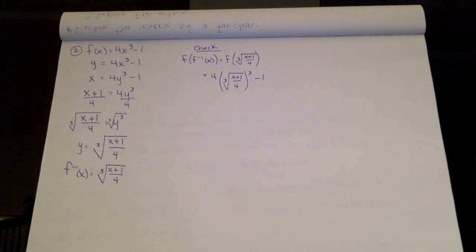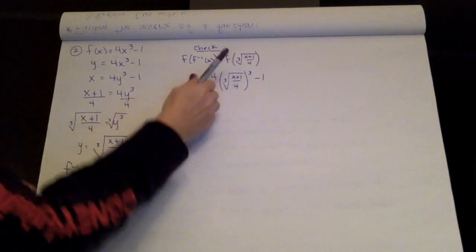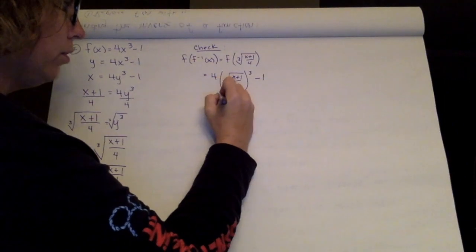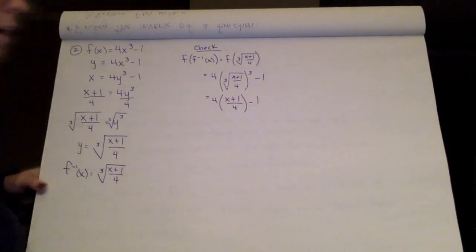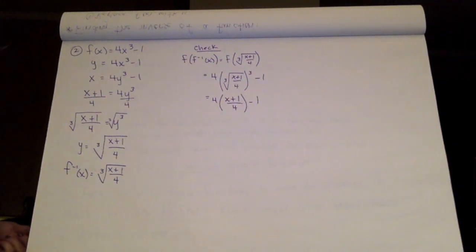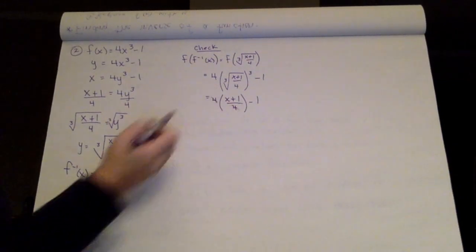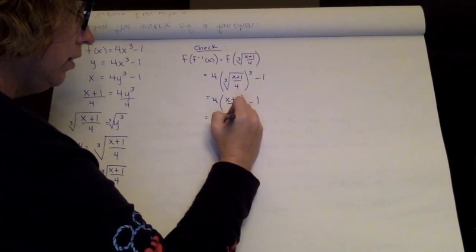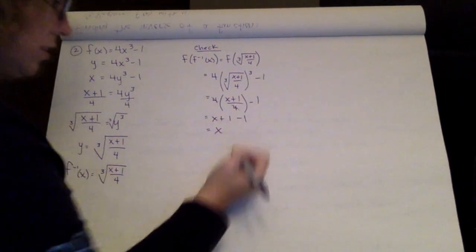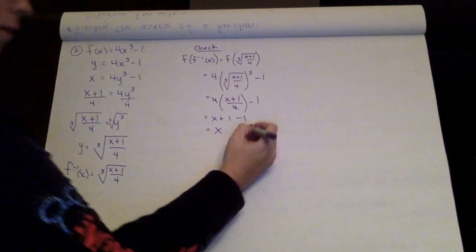Well, this one's interesting because a cube and a cube root will undo each other. So I end up with 4 times x plus 1 over 4 minus 1. And again, then it starts to feel very similar to ones we've done already before. Reduce the 4's. x plus 1 minus 1 is just x. So that one worked out.